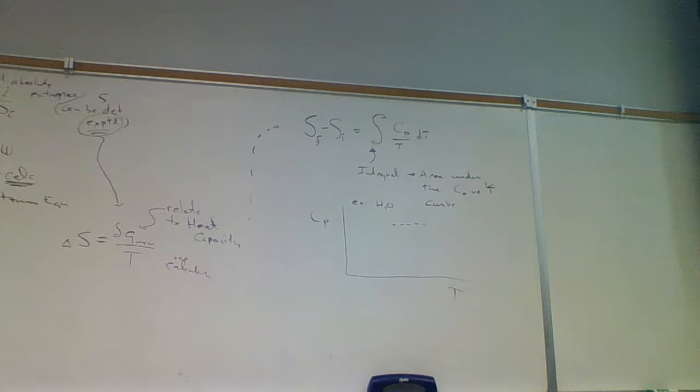If you go back to chapter 7, we could calculate it too. But what is that calculation based on? If we go back to chapter 7 and look at specific heats and temperature, we could see. This is chapter 7.